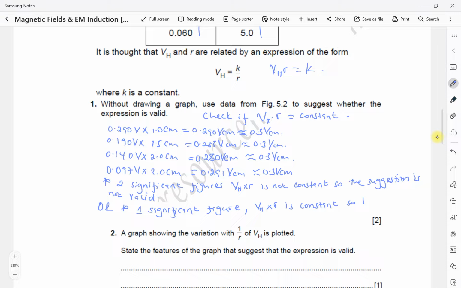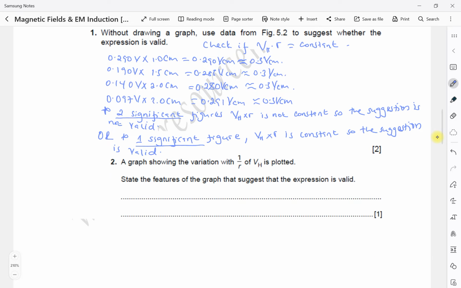So the suggestion is valid. So you can either give it as not valid, or decide to give it as being valid, but you have to be very specific for this part here.